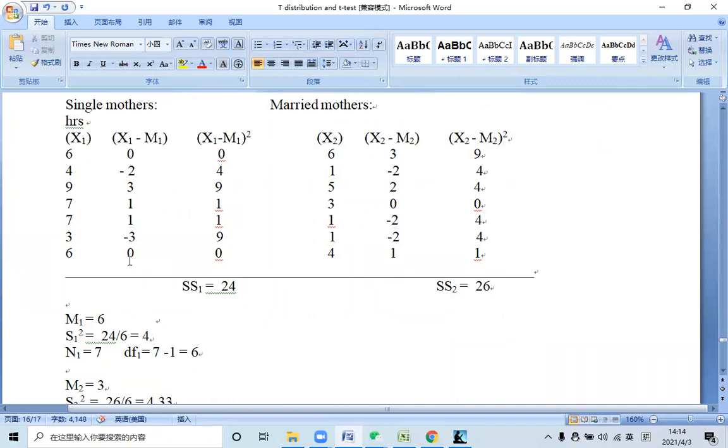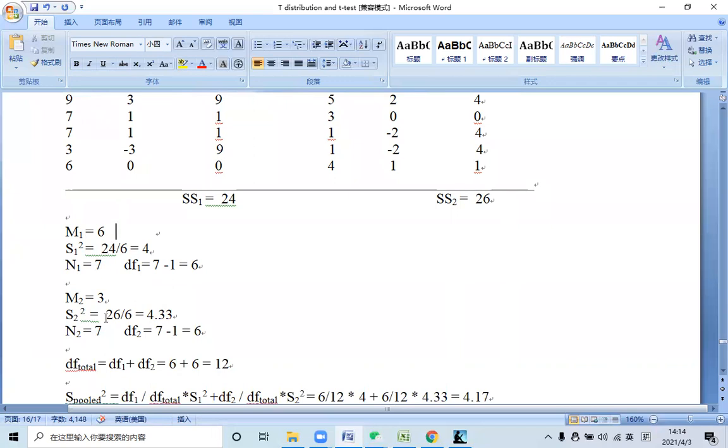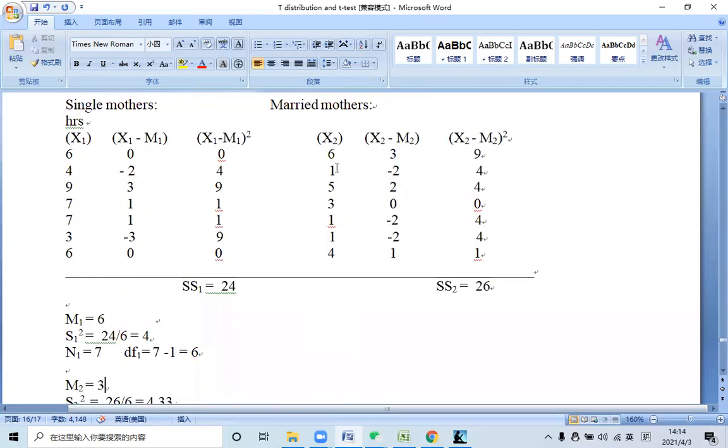You get the mean. On average, the single mothers in this group spend 6 hours. Married mothers, 3 hours. And you can get the deviation.